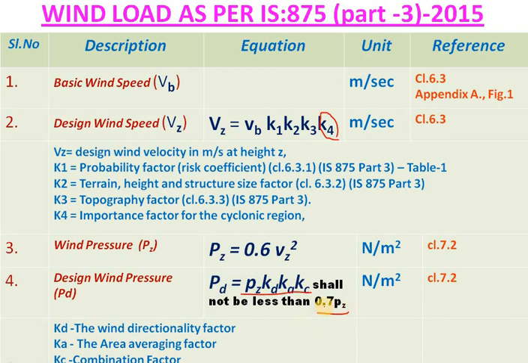If it is less than 0.7 PZ, then we have to take the maximum of these two, either 0.7 PZ or PD. We have to calculate both. Whichever is maximum, we have to consider that for the design. And KD is nothing but the wind directionality factor, KA the area averaging factor, and KC the combination factor.